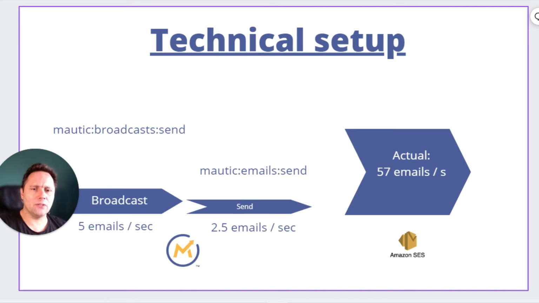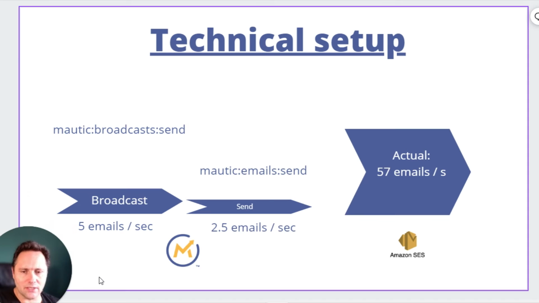Now, if you're using the default setup, then the broadcast command will generate at a certain speed, the email send command will also work at a certain speed, and then Amazon SES also sends at a certain speed. So to reach the best possible outcome, you need to match these sending or generation speeds.